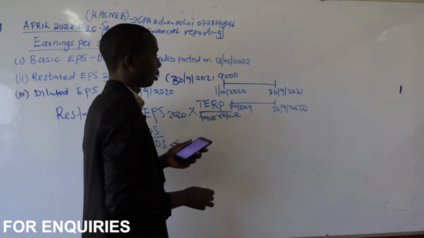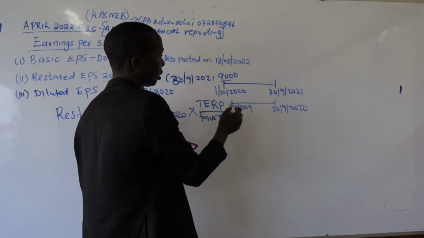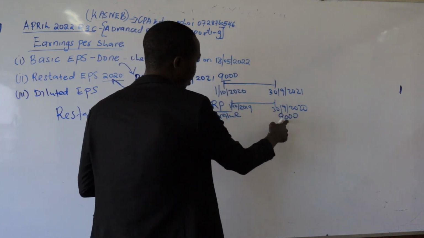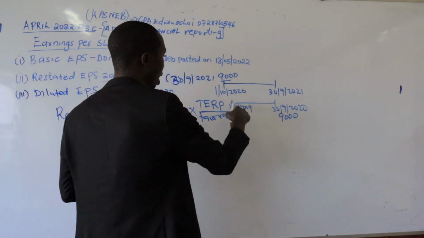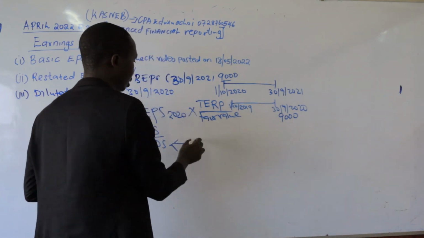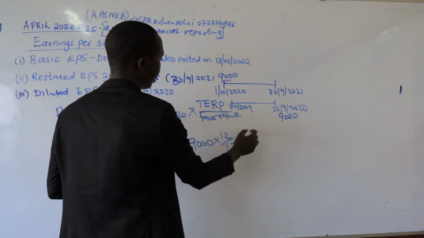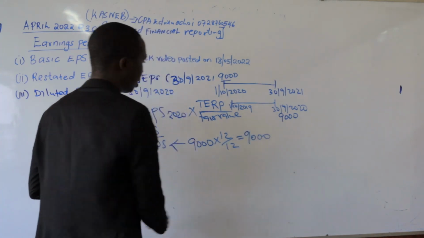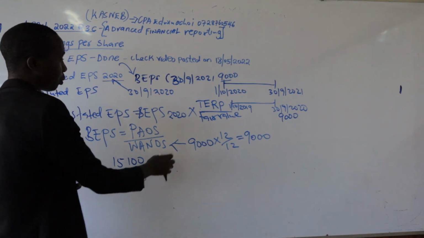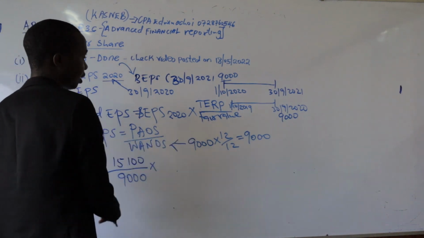These shares were the ones which closed the previous year, so they were outstanding in the year ending 30th September 2020. We weigh them for the entire year, so it remains 9,000. So we divide with 9,000, and we multiply with the theoretical exercise price divided by the fair value.